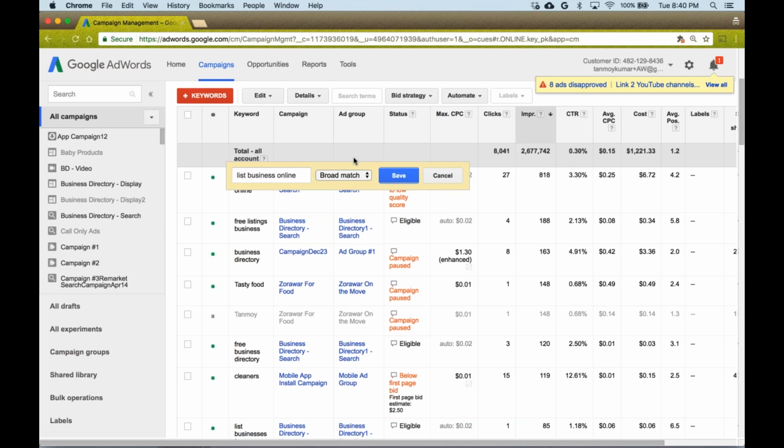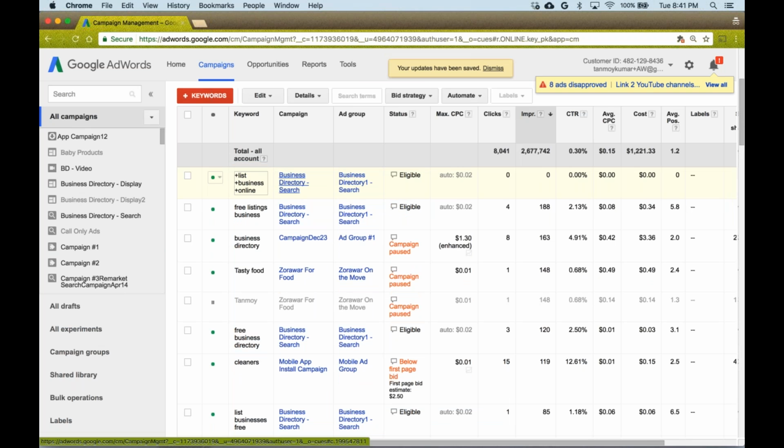If you want to apply broad match modifier, then just select broad match and put the plus sign manually. Like this you're going to apply your 4 match types.